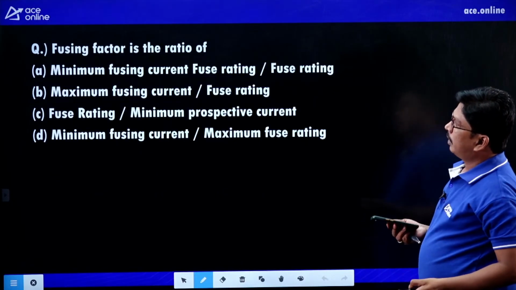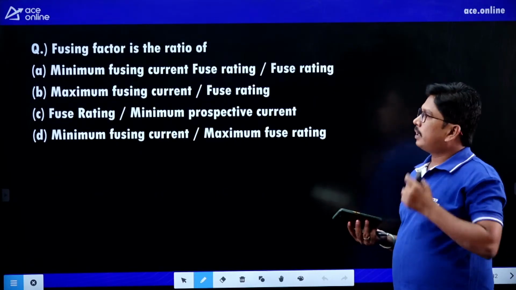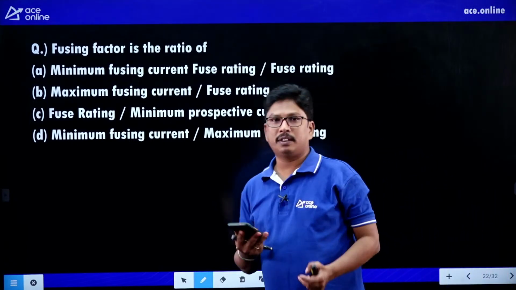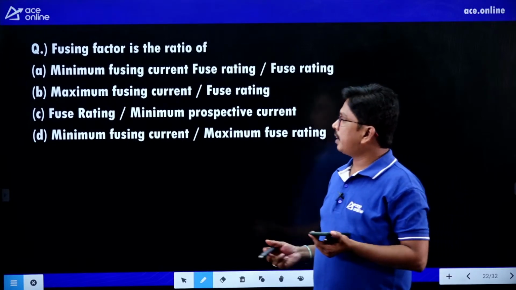Next question. Fuses. What is fusing factor? What is the definition of fusing factor?